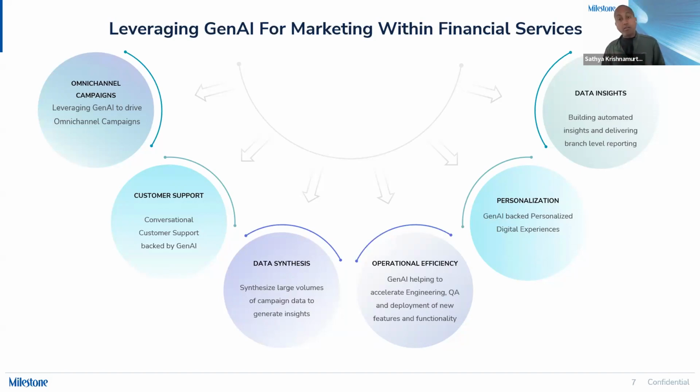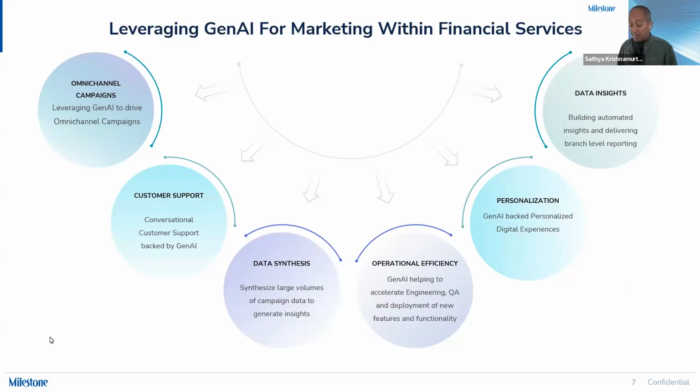So how can credit unions and banks leverage personalization, or is it just limited to big players in the market? That is becoming a huge challenge. And GenAI-backed personalization takes the whole personalization experience to the next level, building content and experiences dynamically based on the user persona.